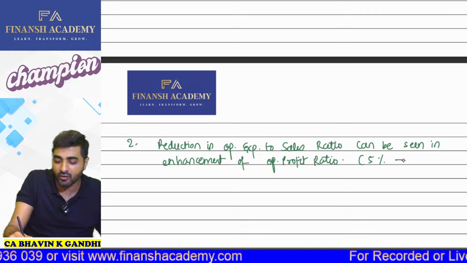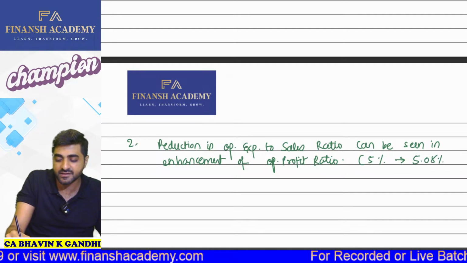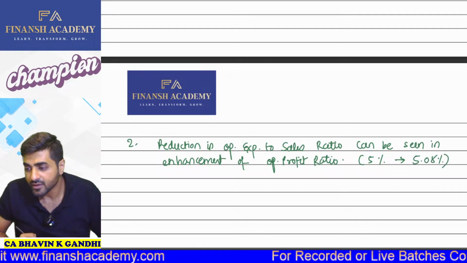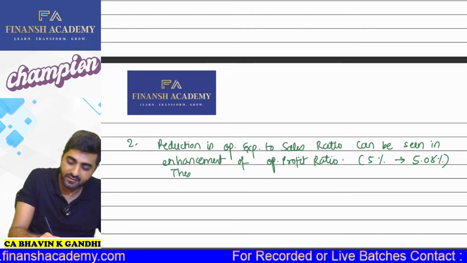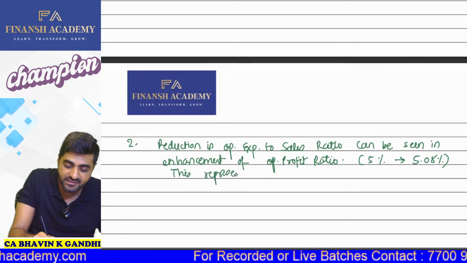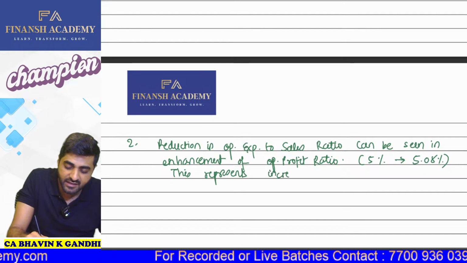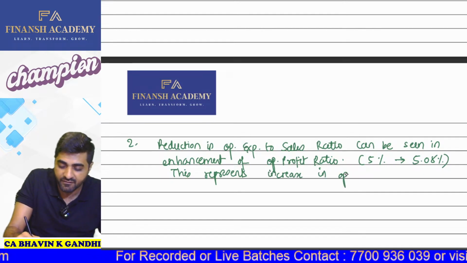In bracket, you can write down from 5% to 5.08%. This represents increase in operating efficiency.